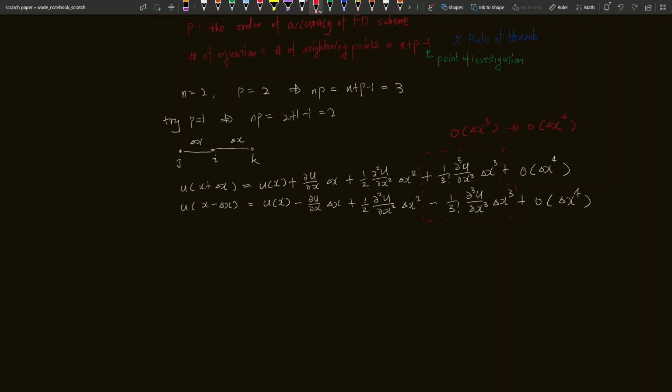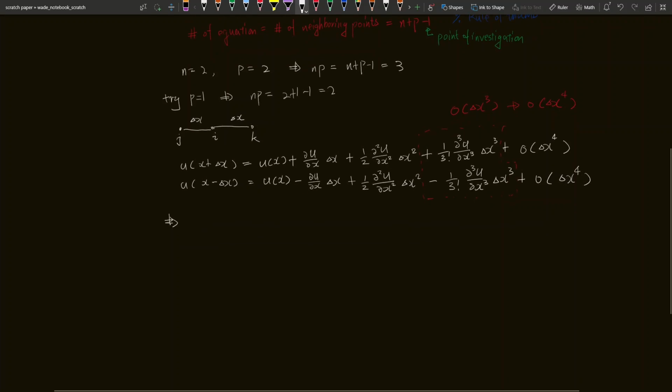Once we add these two equations together, what do we have for the second order derivative of u at point I, which is where we want to apply the finite difference scheme? We have u(x plus delta x) minus 2 times u(x) plus u(x minus delta x), over delta x squared.